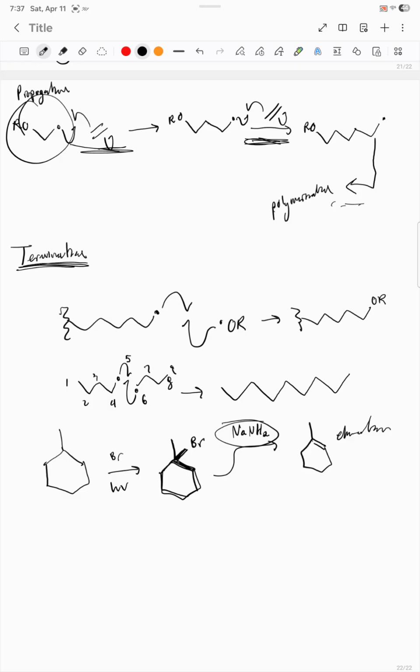Let me just check. Yes, sodium amide is a strong base, and that's how we can get this product. But also, what else can we get?